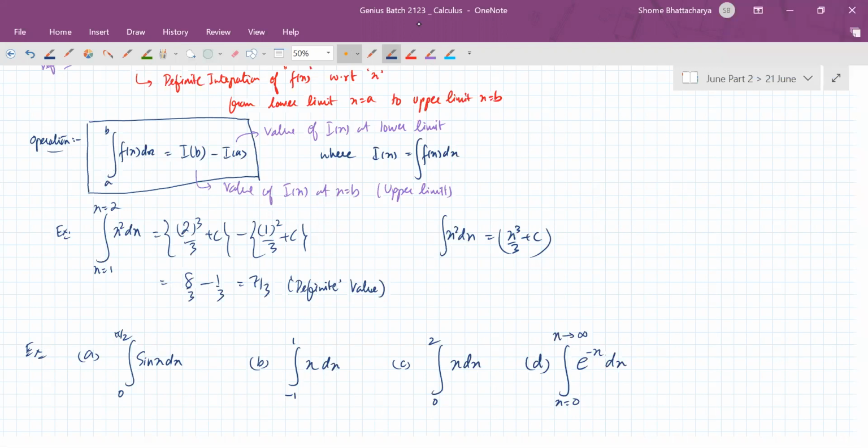Then I'll explain to you the meaning of definite integration in terms of graphical interpretation. So just try out these questions and send me the answers, please, all of them.